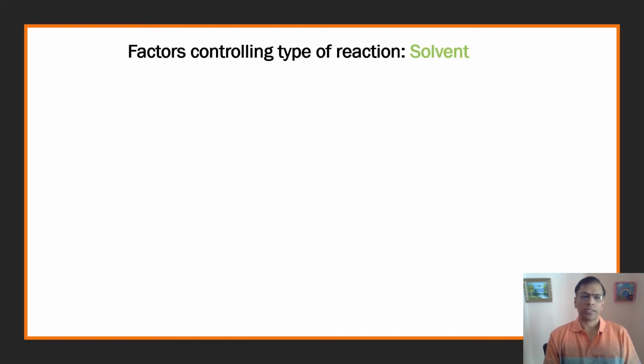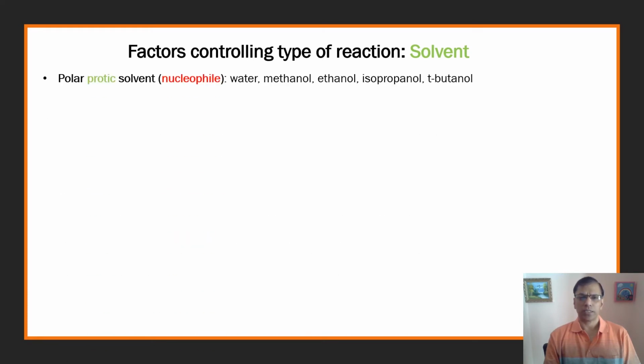So let's look at the third factor, which is the solvent. So there are three types of solvent that are typically used in organic reactions. The first one is the polar protic solvent. Example is water, methanol, ethanol.